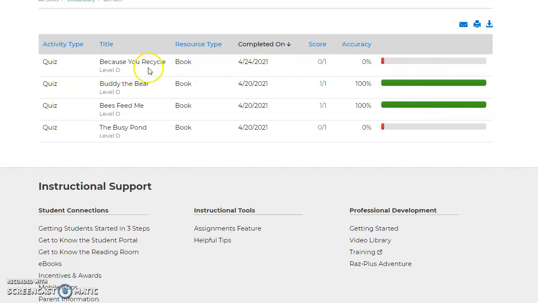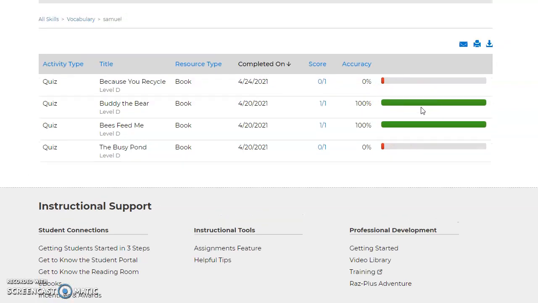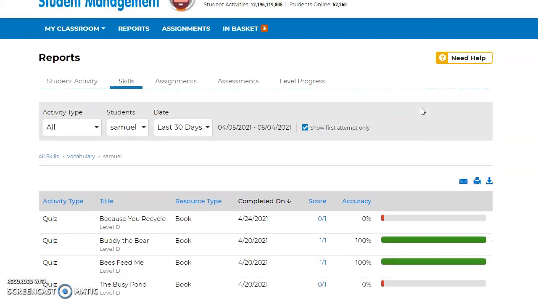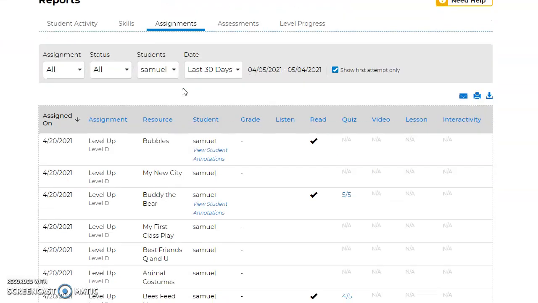You may go back to the book that was read at this level because you recycle, and you may ask them questions based on the book read, and if the student is able to give you correct answers, then you know that they just keep that, not that the student is struggling with vocabulary, because in 2 other books in which the vocabulary skill set was tested, the student got 100%. So I think this resource will help us in pinpointing where the student really needs help.